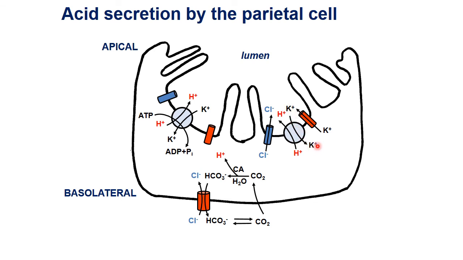So the balance of potassium across the apical membrane is then restored by a potassium channel, which facilitates the transport of a potassium ion from the intracellular space into the lumen. And so the net result is the secretion of hydrochloric acid by the parietal cell.